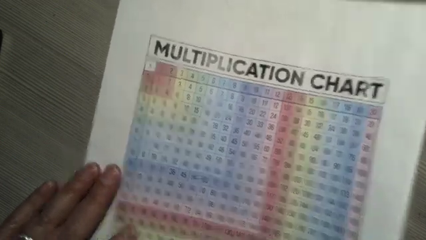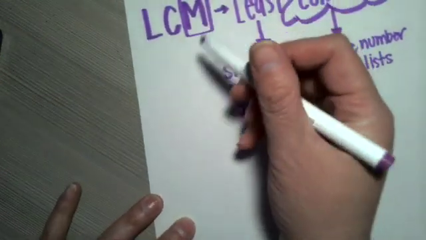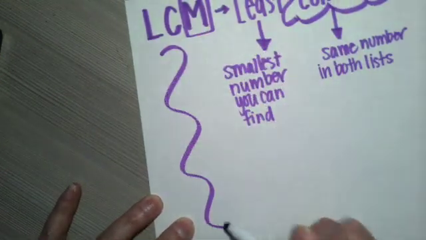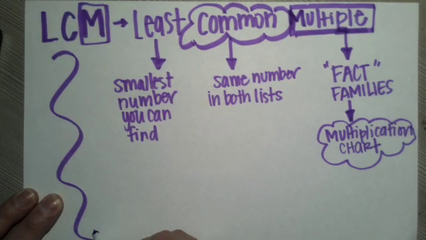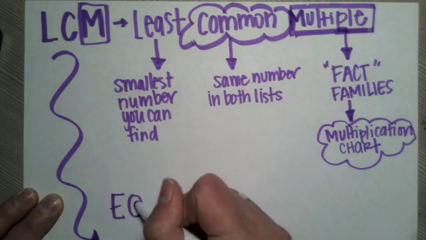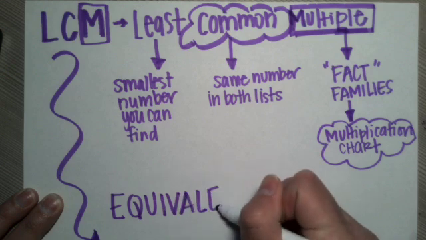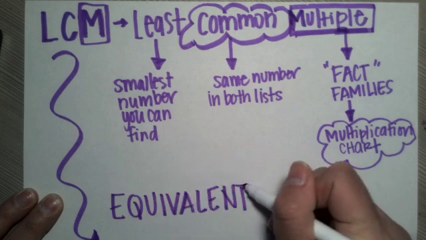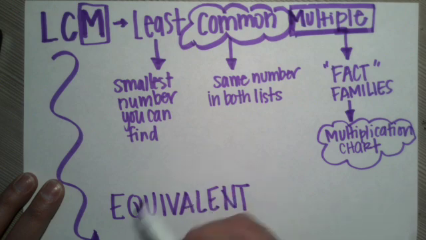But before we do that, I want to talk about why we use this. We use LCM to help us find our equivalent fractions. Equivalent fractions allow us to do the math, because if you're working with denominators that are not the same, you cannot do the math when you're adding and subtracting fractions.